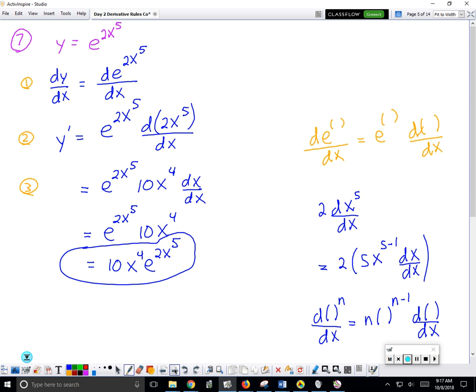You don't need to write any of this unless this is just extra answering questions that people have. So. Step number 1 is again exactly the same as always. Take the derivative of both sides. And then from step 1 to step 2, I'm just using the E rules.